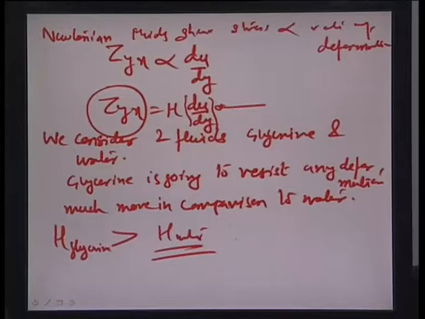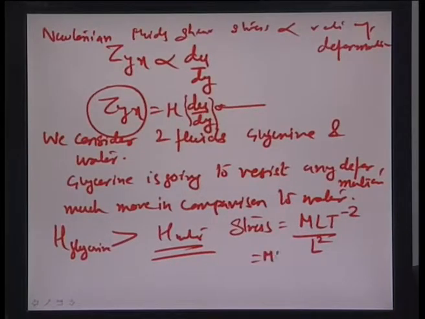Dimensionally, if you investigate what viscosity is, you know that stress is force per unit area. We can represent that as M L t minus 2 by L square, so that is M L minus 1 t minus 2. And du by dy has L t minus 1 by L, which has dimensions of t minus 1.